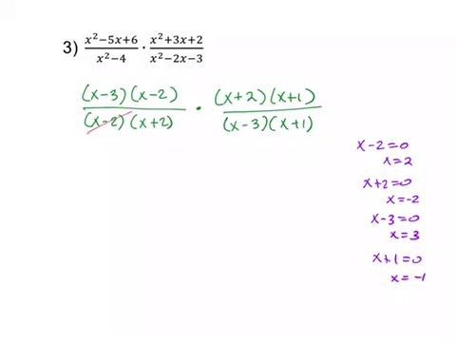So I have x minus 2, x minus 3, x plus 2, and x plus 1. So everything cancels out. So it equals 1, where x cannot equal 2, negative 2, 3, or negative 1. That's it for this exercise.